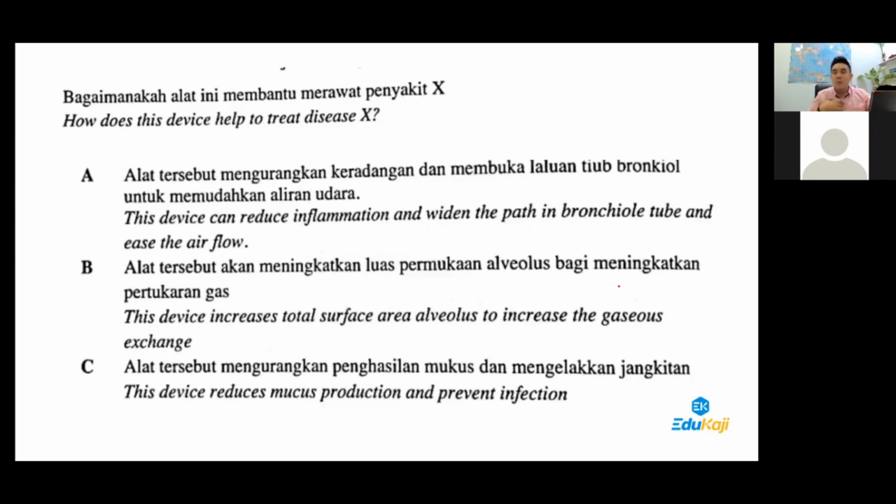Because you see, guys, asthma patients find it hard to breathe because the lumen, the tube becomes smaller, it shrinks, so it's very hard to breathe. So this will help to... nothing to do with mucus production, not the alveolus. This is out already. So guys, answer is to widen the path. Number 9 answer is A.